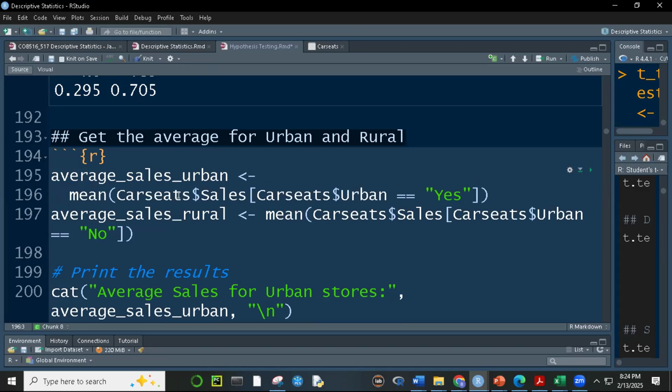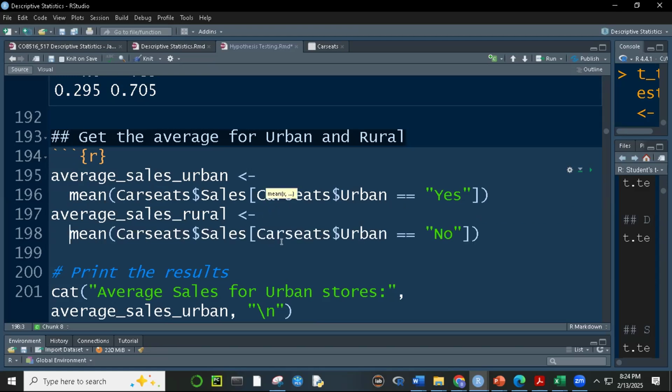Mean of the car seats data, dollar sales, and then we are subsetting it. Car seats dollar urban, and it's equal to yes. You have to use two equal signs. Then close it, so that here you'll get the average sales for urban, and then this one also, you'll get the average sales for not urban or rural. I'll give you a few seconds to write the code. I want you to be the one to write that on your own.